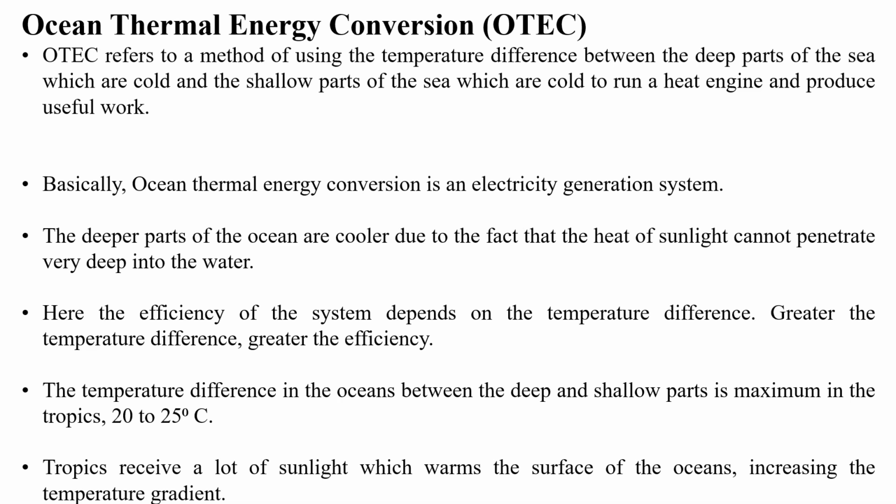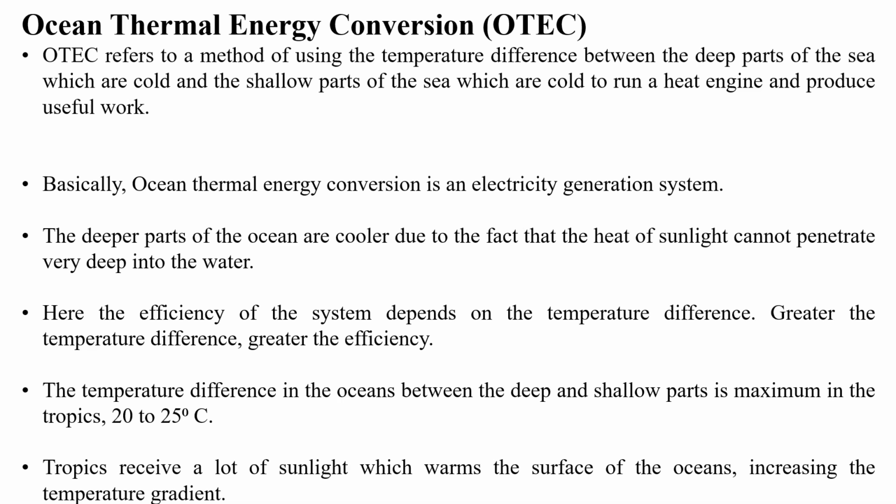And the next topic is the ocean thermal energy conversion systems. In this topic, we'll see how to extract thermal energy from oceans. In geothermal energy there is heat energy below the earth, I told you, very close to 5,000 meters. Similarly, we have heat energy in the ocean also. This heat energy is caused because of the temperature difference in the ocean.